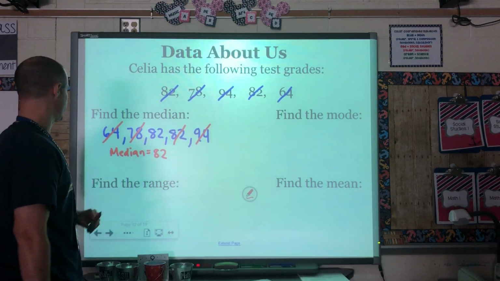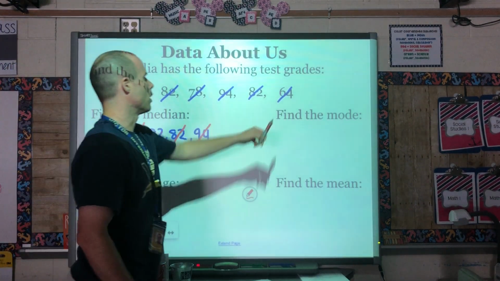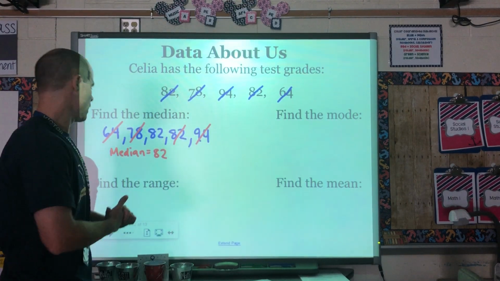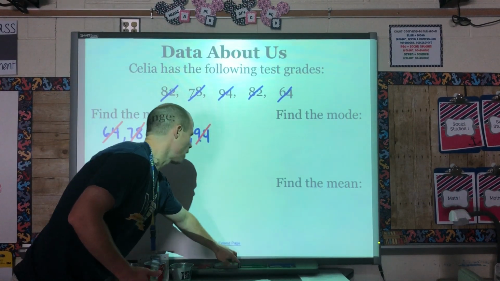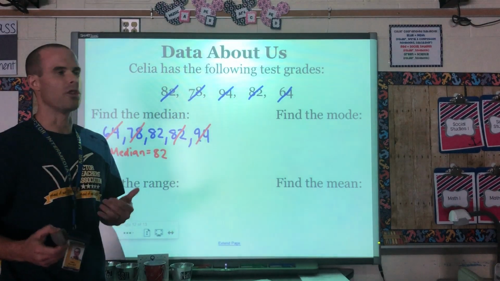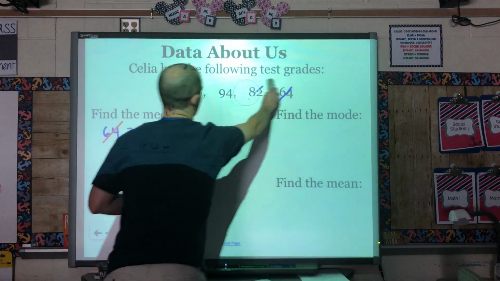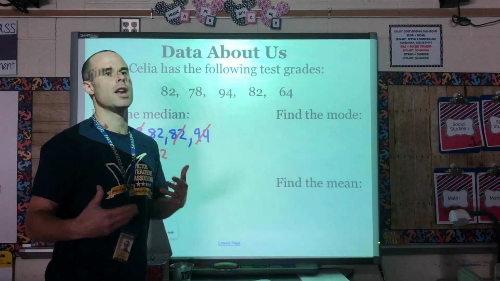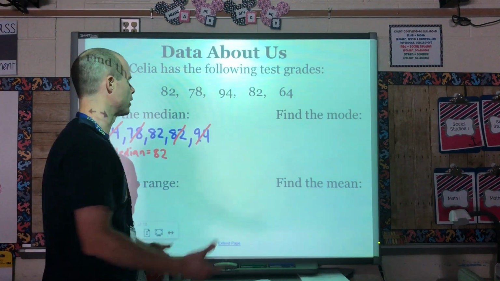Okay, so now we're going to do another measure of center, which is called the mode. The mode in our data set is the number that occurs the most frequently. When we talk about the frequency of a number, that just means how many times that number shows up or occurs in our data set.